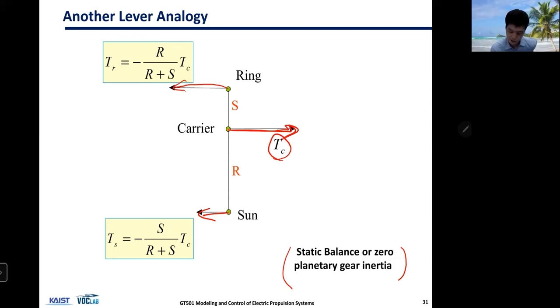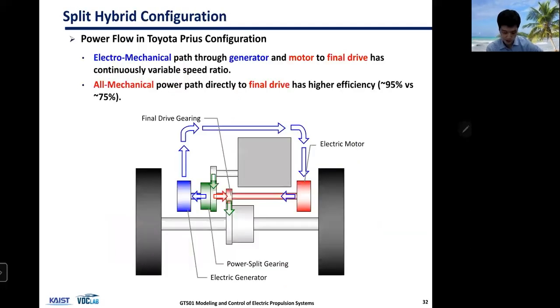But if it's not steady state, meaning that if omega dot is not equal to 0, then it becomes dynamic equations and a dynamic model that describes the motion of these three speeds. Okay, we'll talk more about this later on, in more detail.